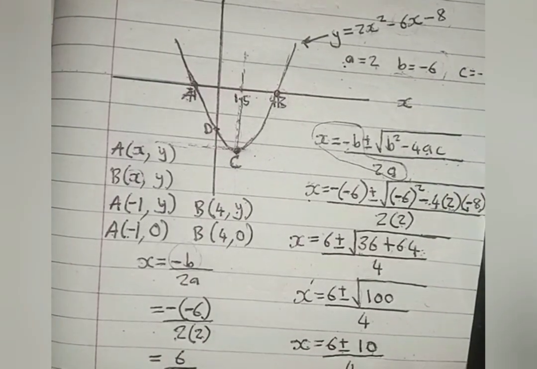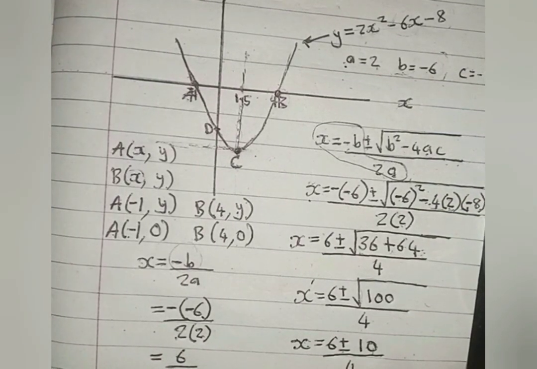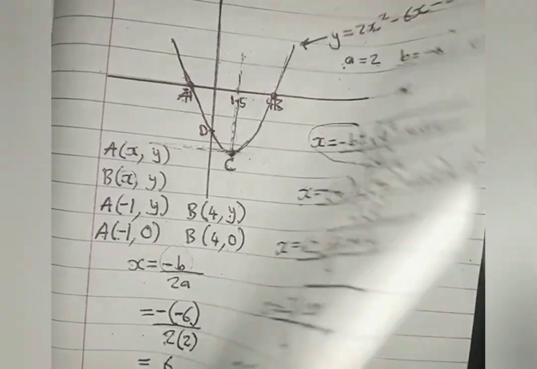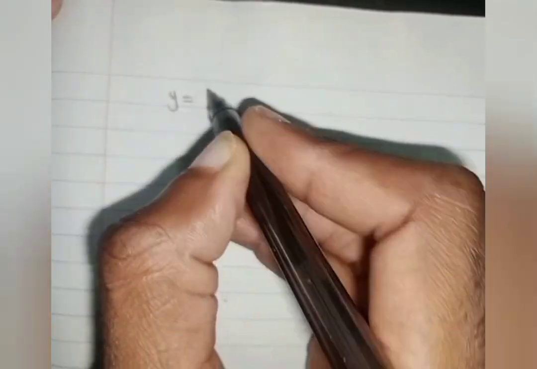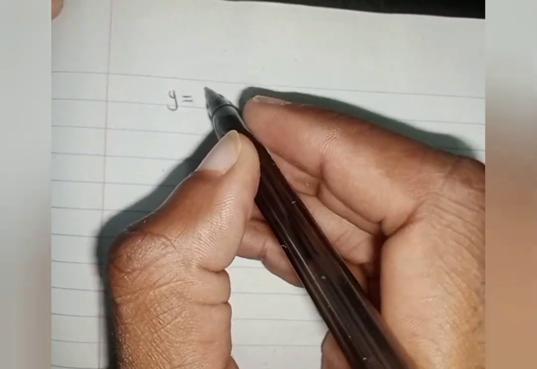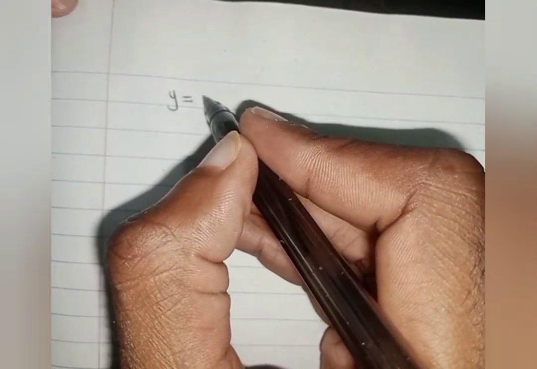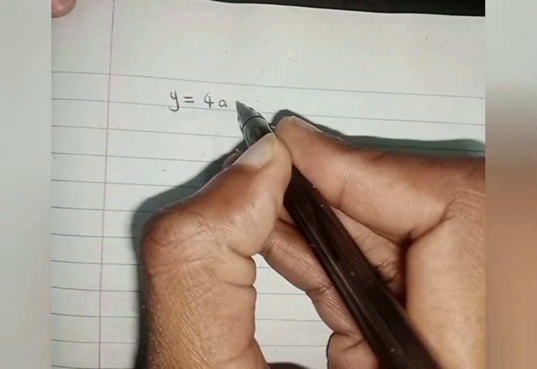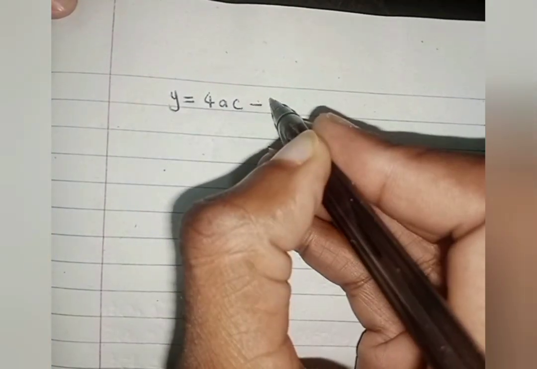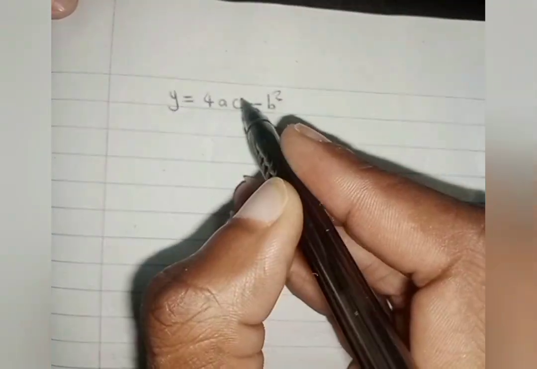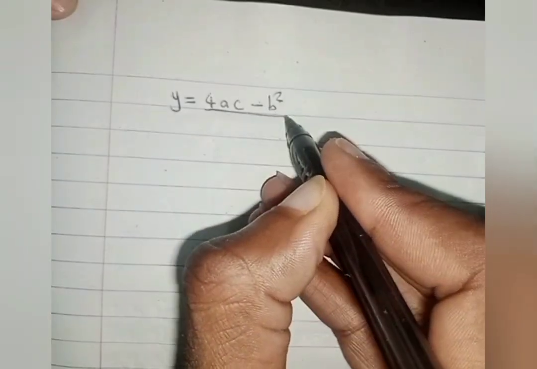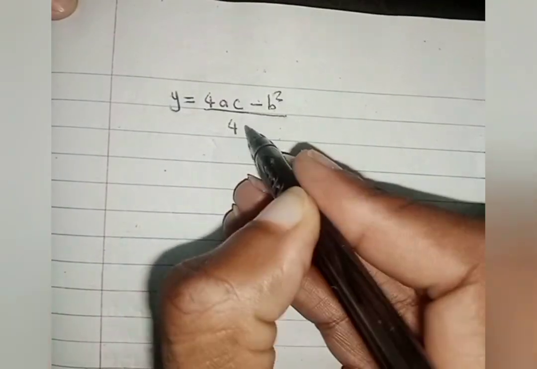To find that minimum value, we apply the formula. We say y is equal to 4ac minus b squared over 4a.